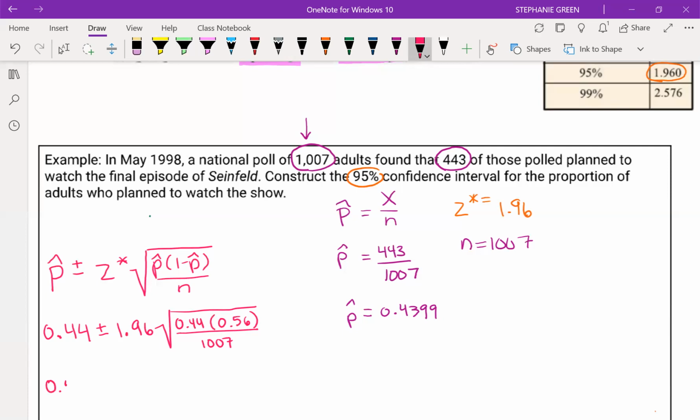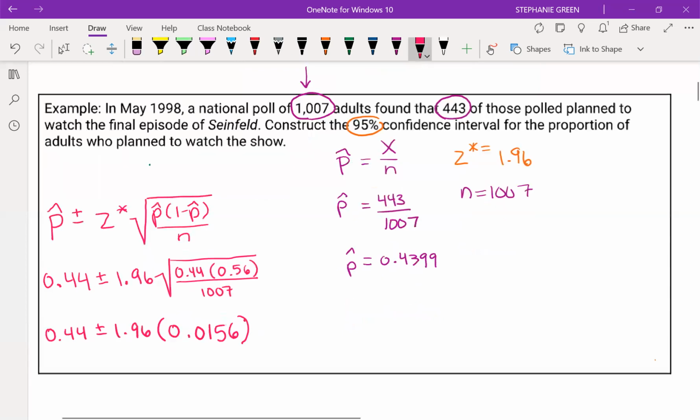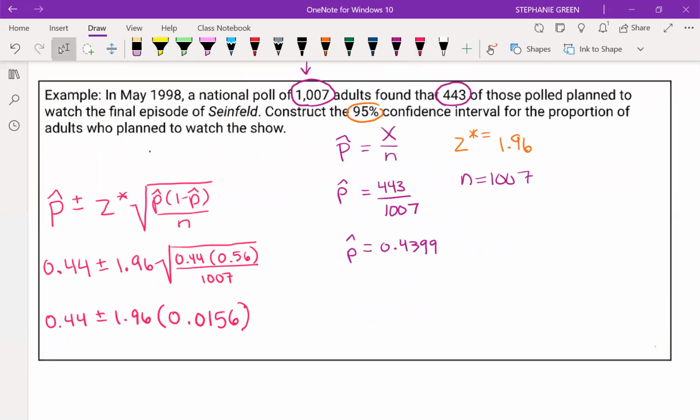So that gives me my standard error here, which is 0.0156. So I multiply that by my 1.96 to get my margin of error, which is 0.0307.